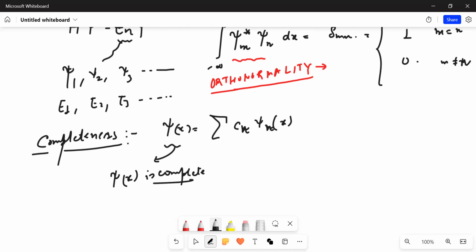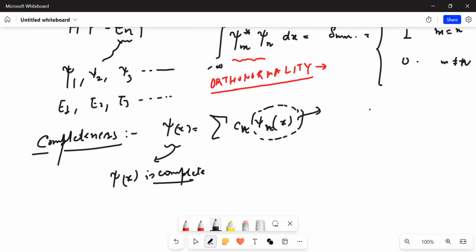That is, if I know the energy eigenstates for a particular problem, I can write the general solution as the linear combination of these energy eigenstates.